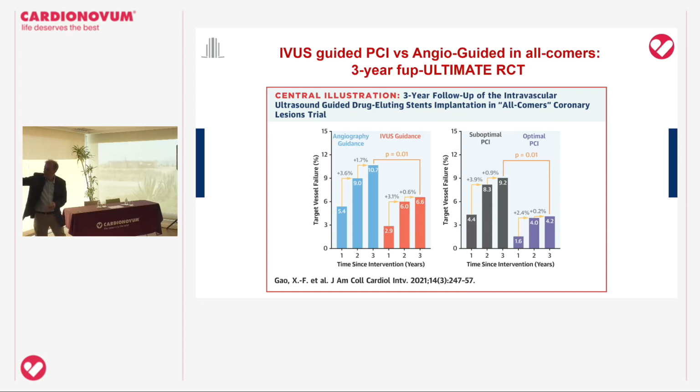There is a long-term follow-up, an increase in target vessel failure in both arms, but a higher rate in the angio-guided. But in the IVUS-guided cohort, those with optimal result show less increase in bad outcomes, in target vessel failure, as compared to suboptimal result in the IVUS cohort of patients.